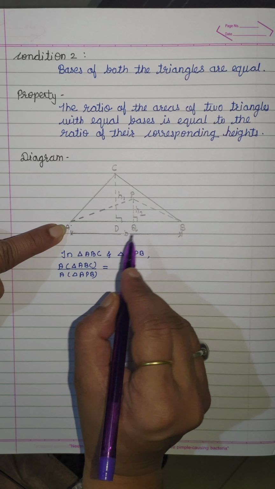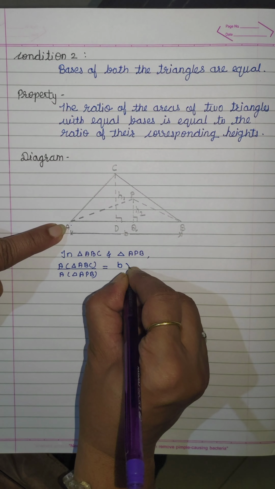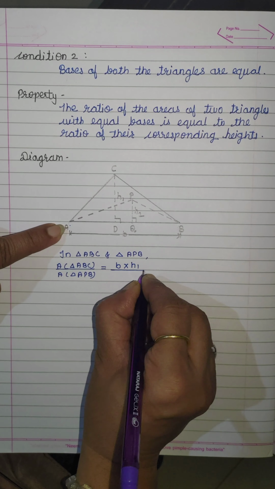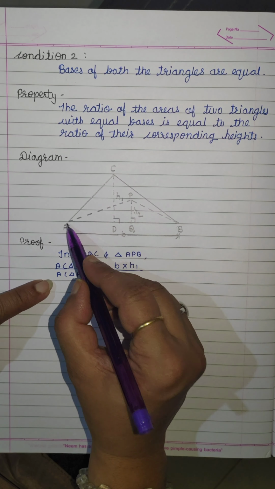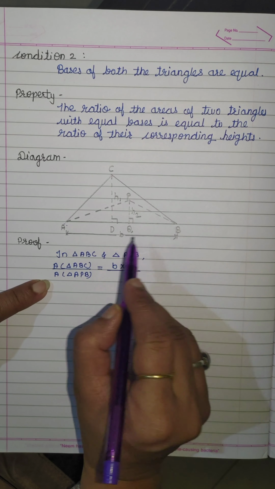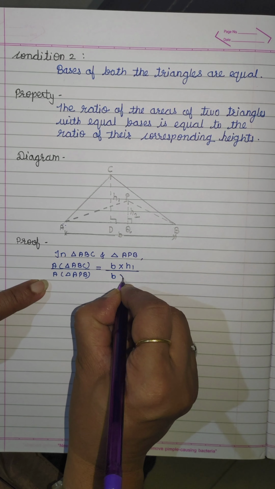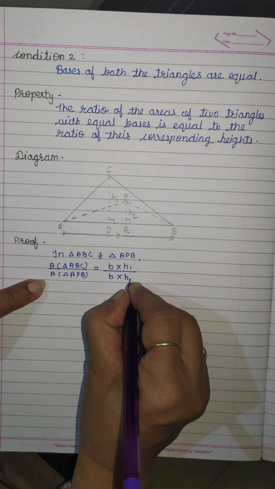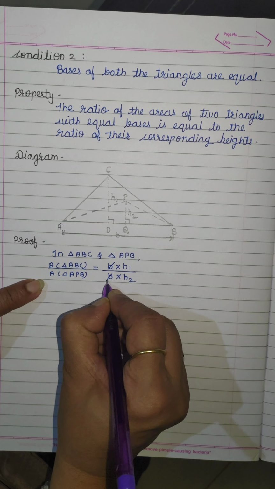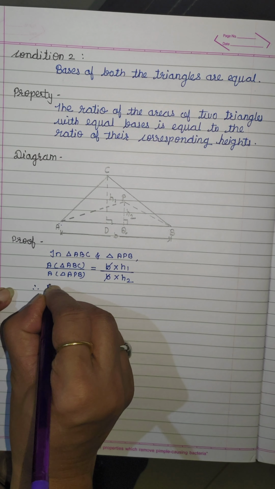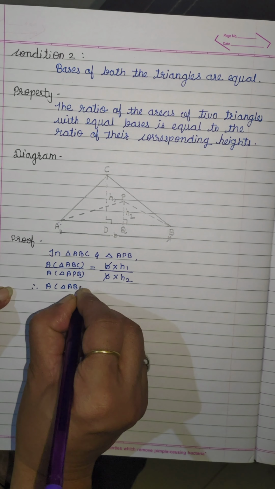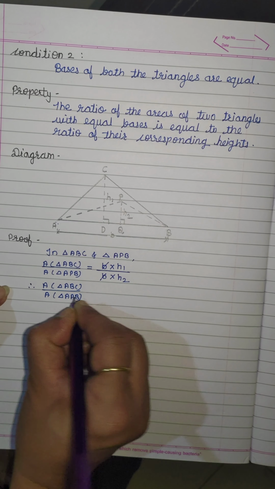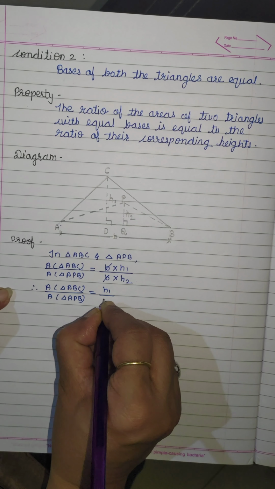Its base is AB indicated by letter B and its height is CD indicated by letter H1. Now for area of triangle APB, base is AB which is indicated by letter B, multiplied by its height PQ indicated by letter H2. Here B will get cancelled, so area of triangle ABC upon area of triangle APB is equal to H1 upon H2.